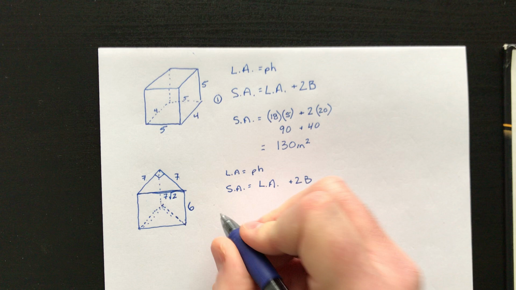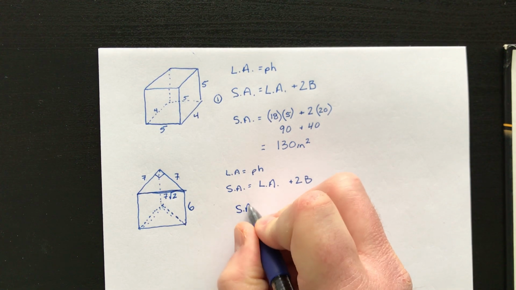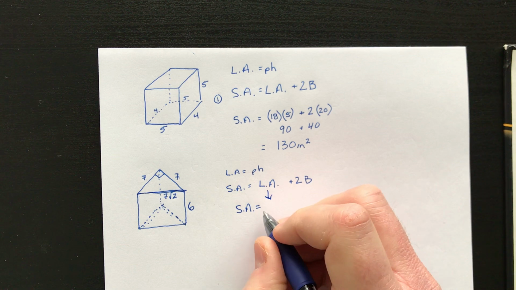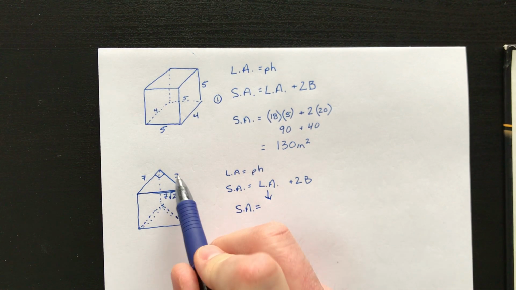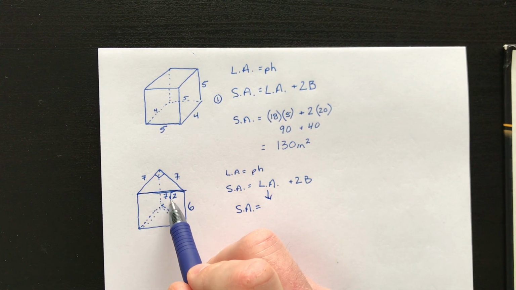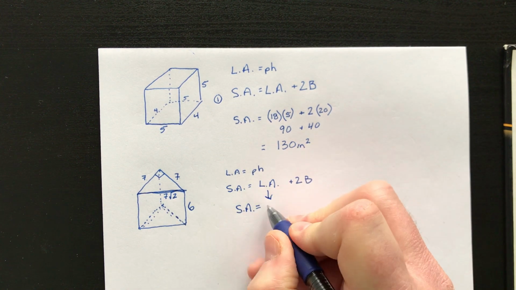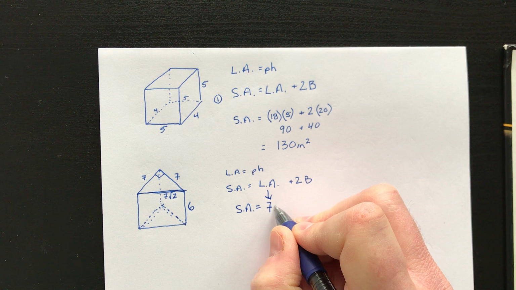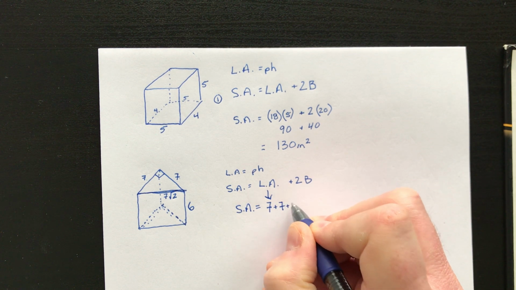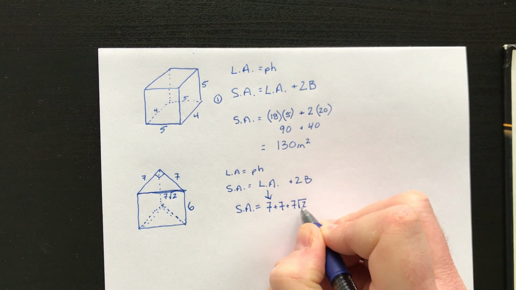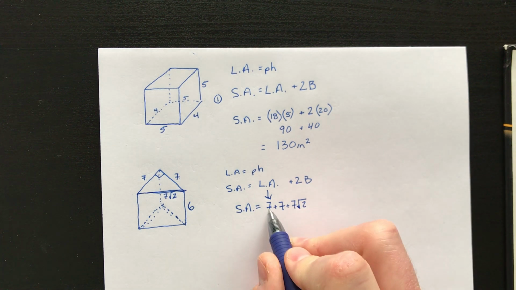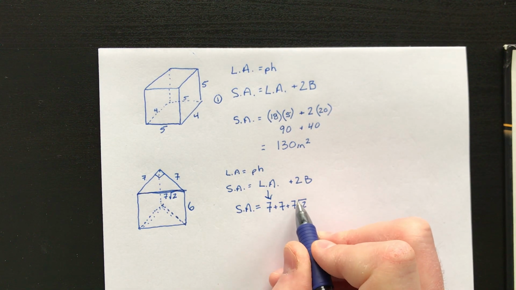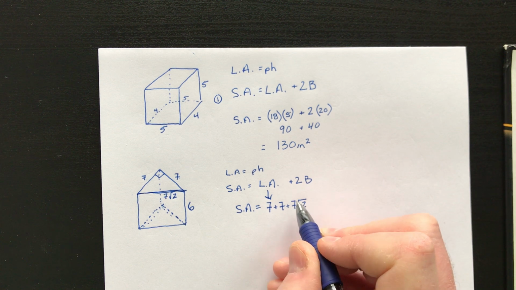The lateral area is perimeter times height. So the perimeter is 7 plus 7 plus 7 root 2. You can only add the first 2 sevens. You can't add this in because this has a square root of 2 on it.